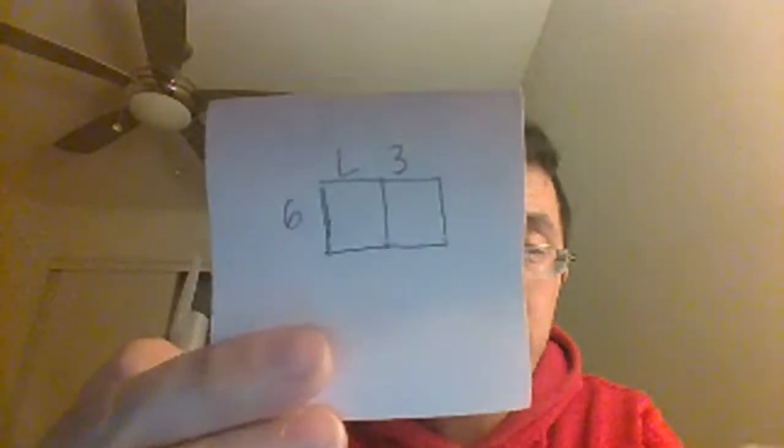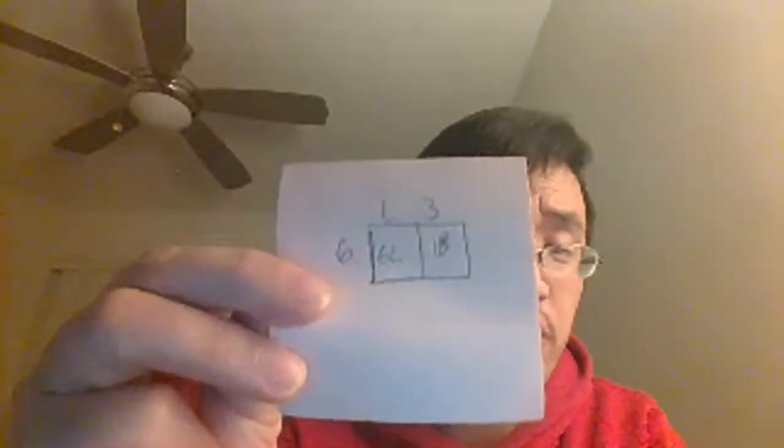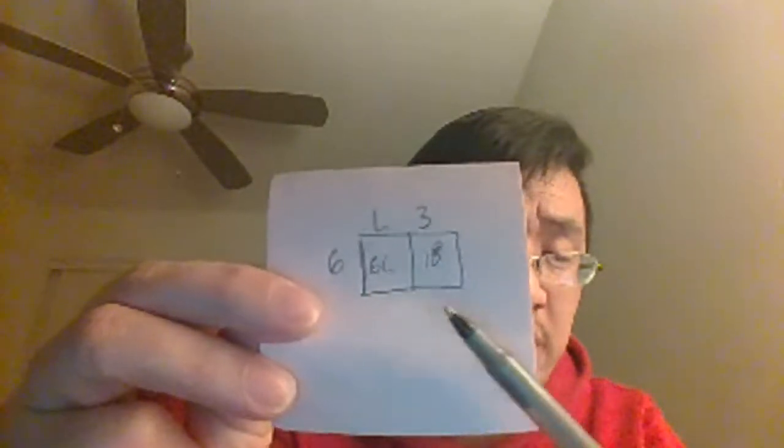Now we're going to multiply 6 times L, and what we should get is 6L, and 6 times 3 gets us 18. So the answer for our first one is whatever's inside the rectangles: 6L plus 18.